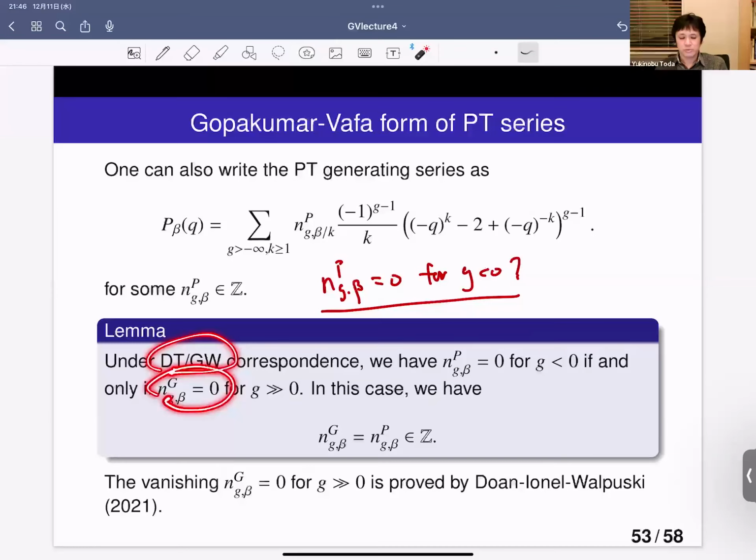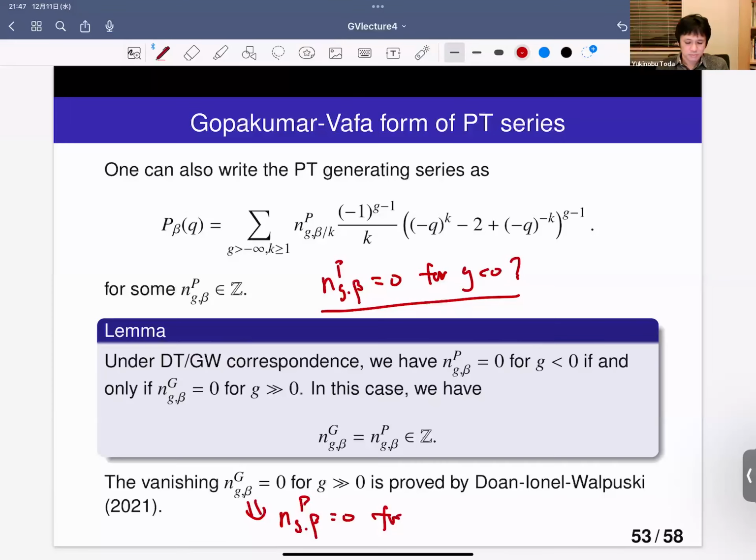So as a consequence, we also know that this is zero for negative g. And as a consequence, we know that the two invariants are the same. This is somewhat unfortunate for me, because there is no purely algebraic geometry proof at this moment.